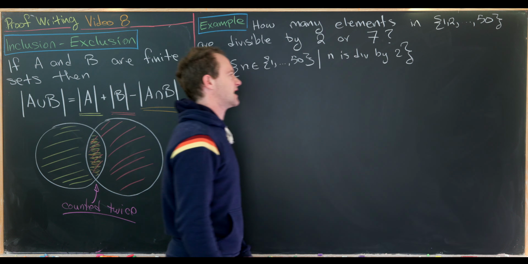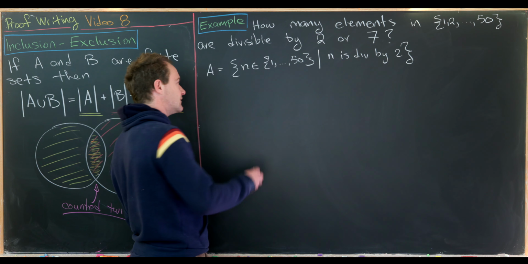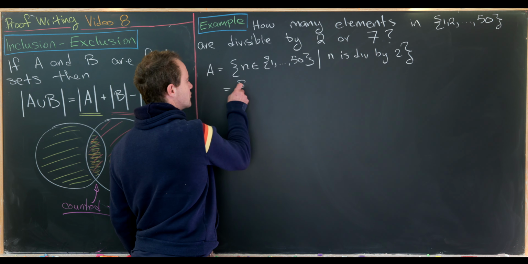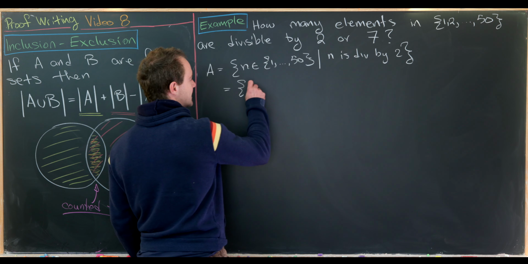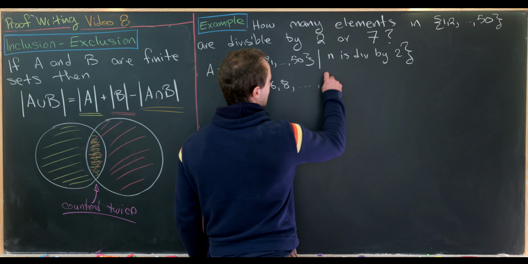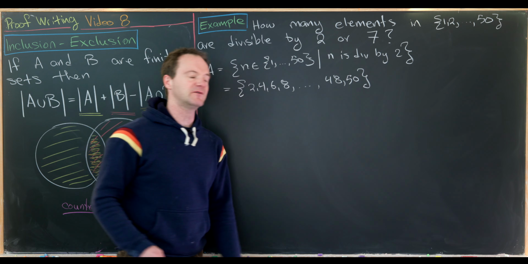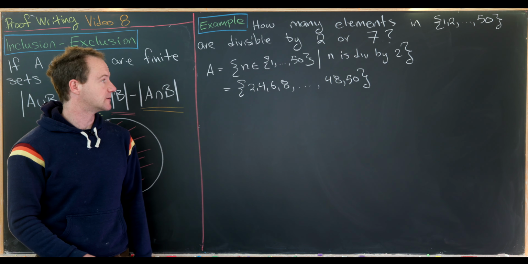So we could write it in set builder notation like this. But notice being divisible by 2 is the same thing as being even, and we can easily enumerate the elements in this set. So we've got 2, 4, 6, 8, 10, 12, all the way up to the number 50. The number 50 itself is, of course, even.